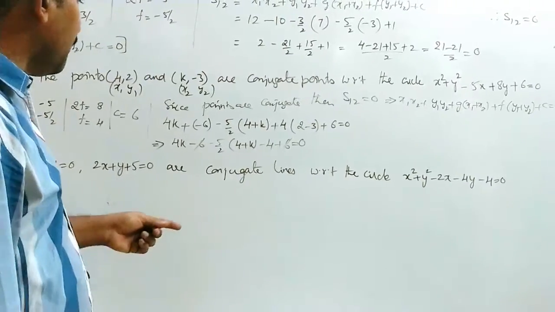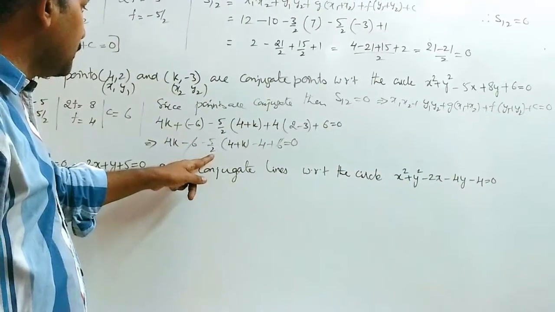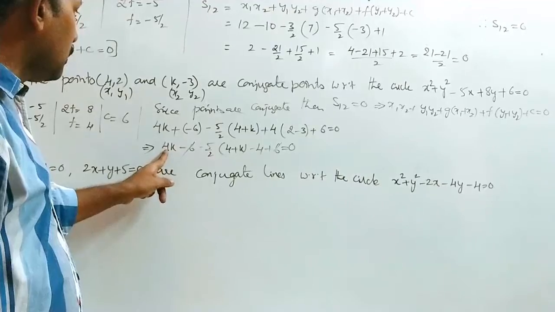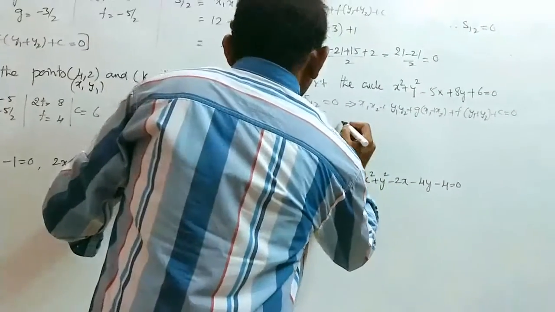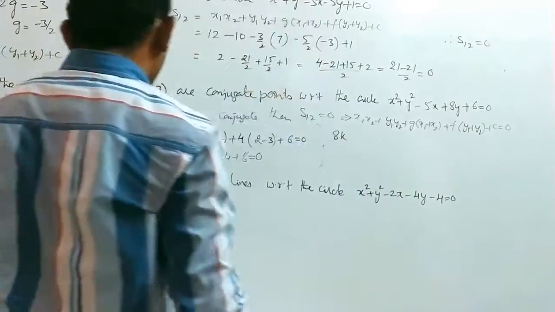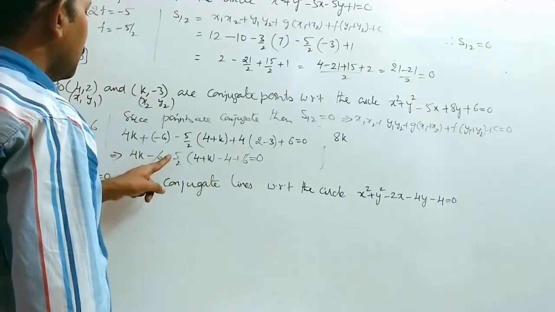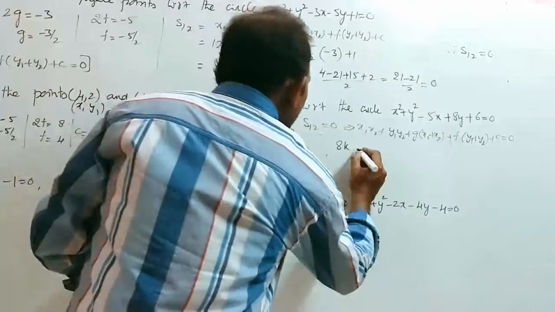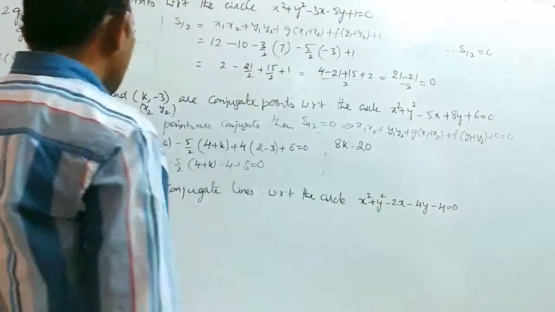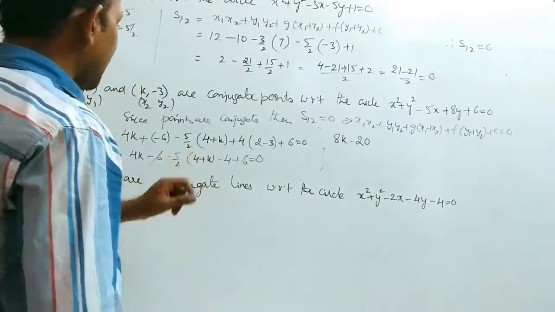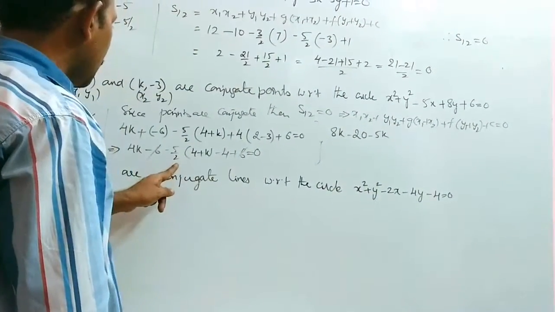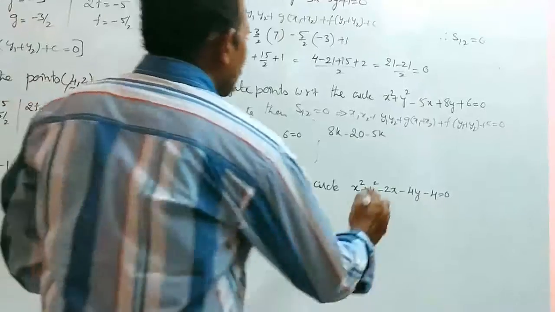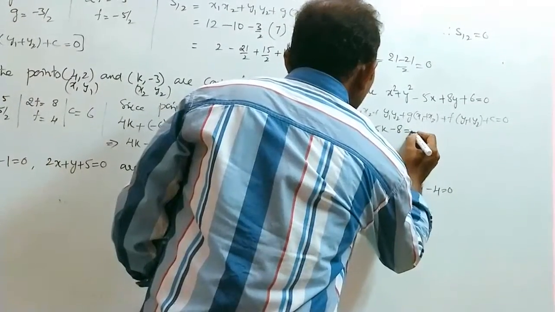Now let us simplify. Here the LCM is 2. 2 4s are 8. Therefore 8k, then here minus 20, minus 5k, and then here 2 4s are 8, minus 8 is equal to 0.